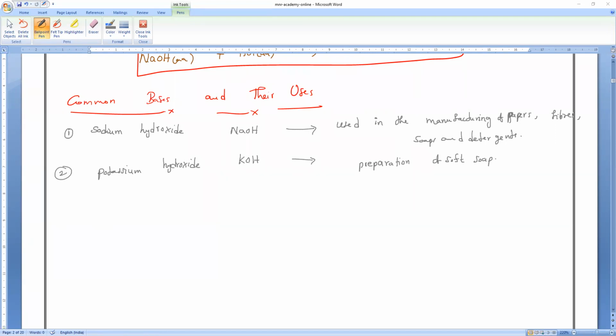So we got KOH in biology. Can anybody tell me where we got it in biology? In the life processes chapter, to prove that carbon dioxide is necessary for photosynthesis. Do you remember, all of you?